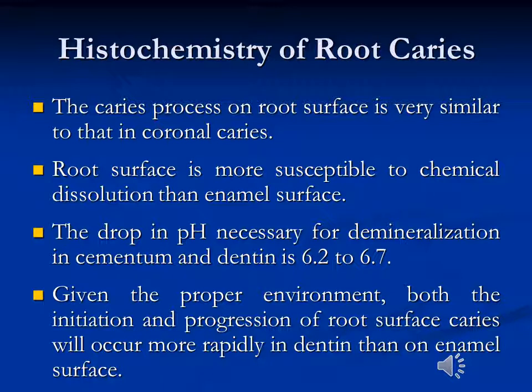Enamel is more resistant to demineralization. Cementum is usually a very thin layer, and after exposure of the root, this layer will be removed by brushing and friction, leaving the dentin. And dentin is less mineralized, as we all know, than enamel.